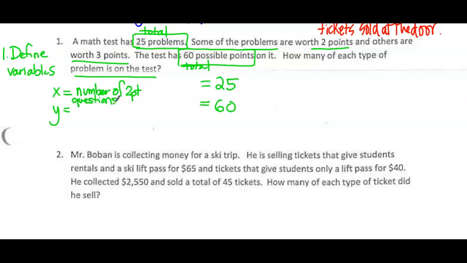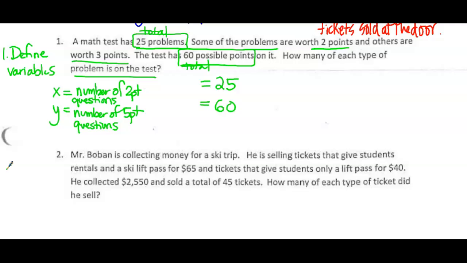Y then would be number of 5-point questions. So the two unknowns in this problem, we don't know how many 2-point questions were on the test. We don't know the number of 5-point questions on the test. We do know there were a total of 25 problems, and it was 60 possible points.